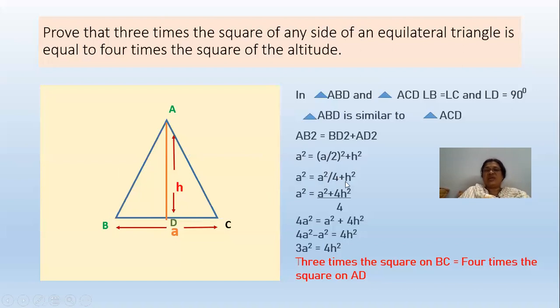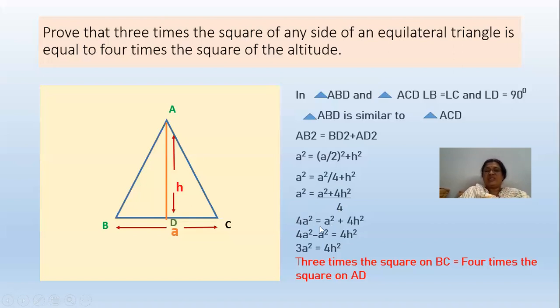This is H square. When you cross multiply, you will get A square plus 4H square, the denominator will be 4. And again, when you cross multiply, this 4 will come and sit here. So the value will be 4A square, that is equal to A square plus 4H square.